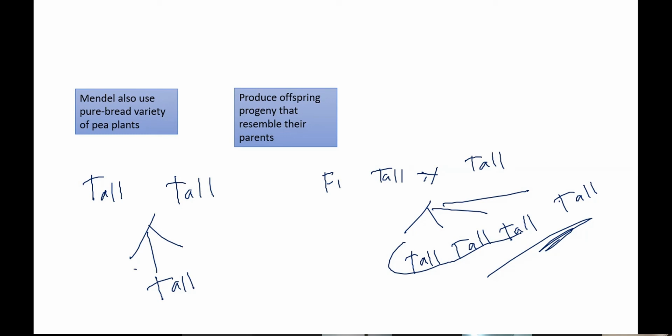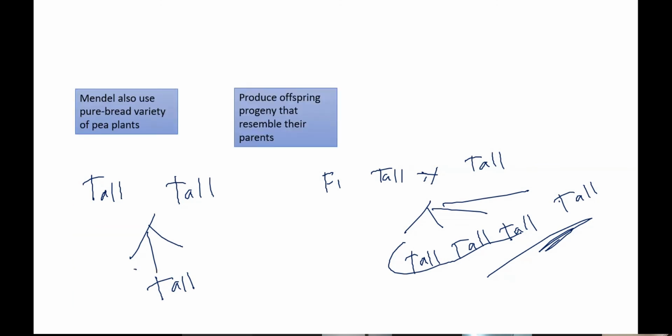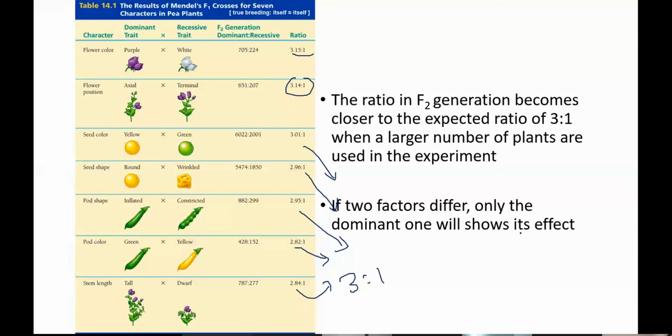Miss, so the monohybrid inheritance ratio should be 3 to 1? Yes, it should be. If only one characteristic differs, consisting of different traits, the ratio should be 3 to 1. Yellow and green, purple or white, the ratio is around 3 to 1.